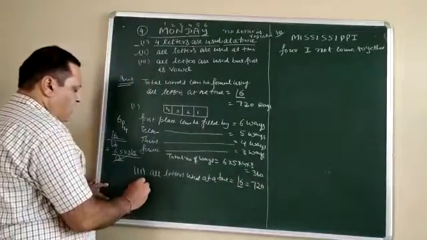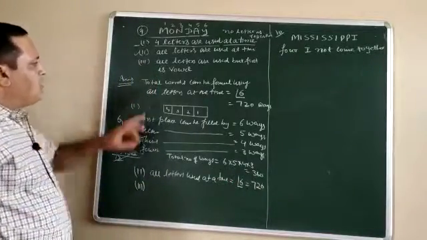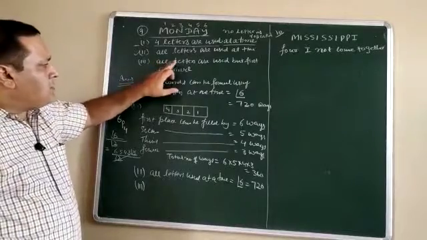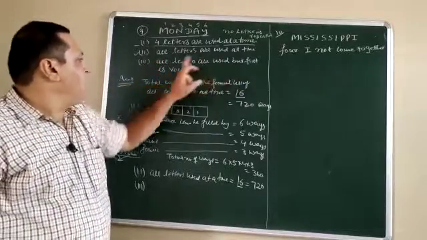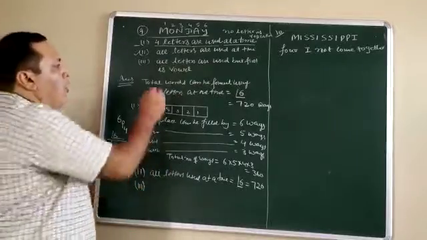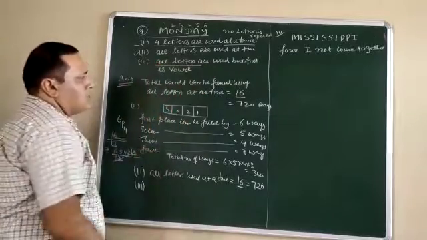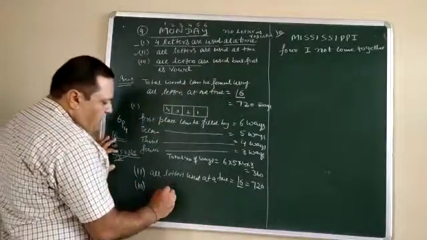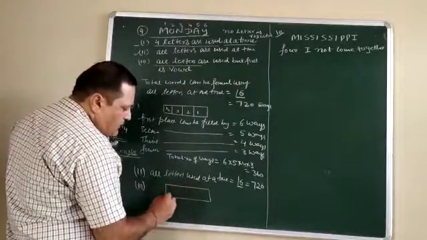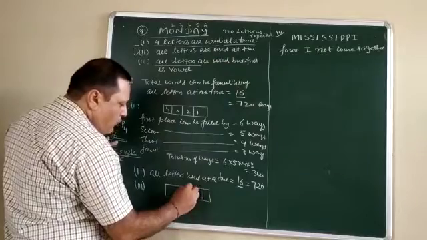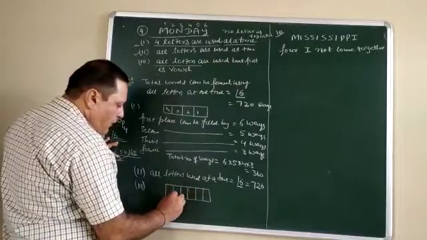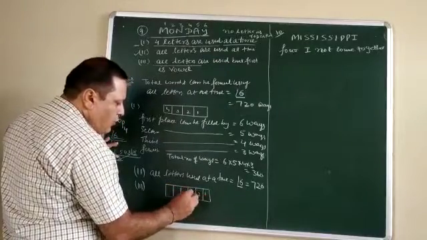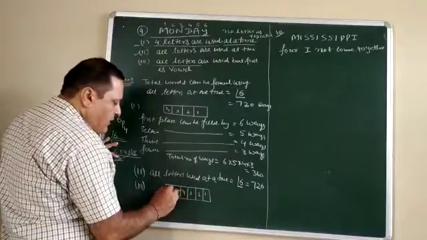Now see the third part of the question. All letters are used but the first letter is a vowel. Now see, there are a total of 6 letters, 1, 2, 3, 4, 5 and 6.